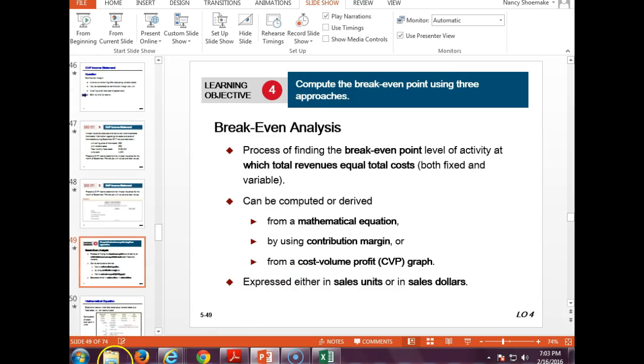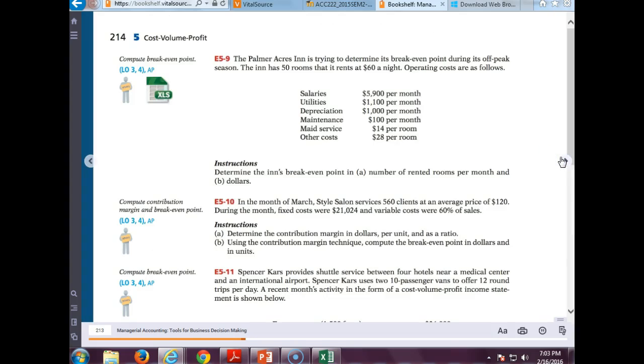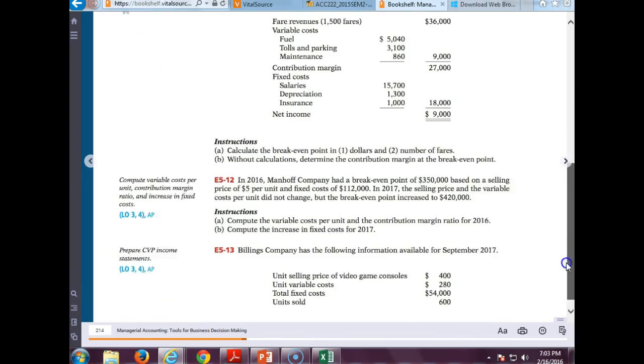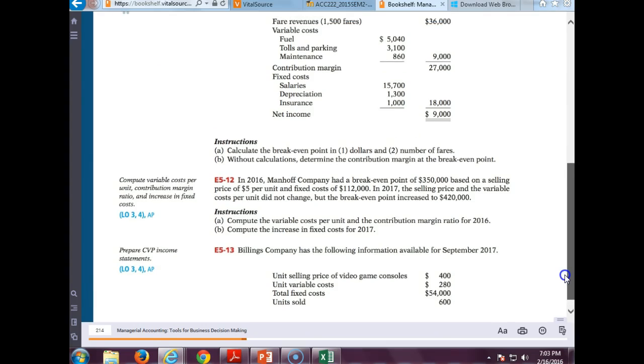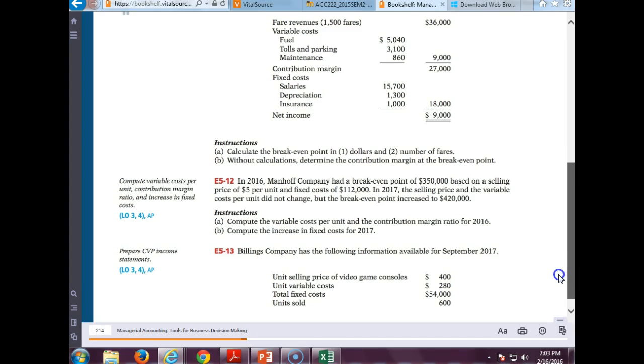Let's do a problem. Let's do E12. That's 5-12.